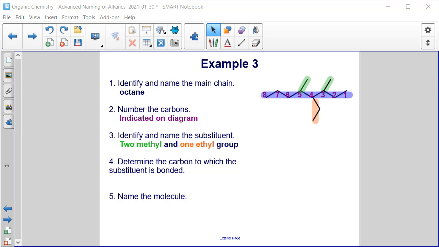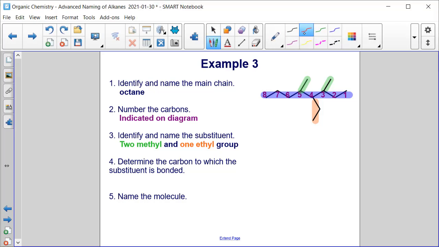So now we determine the carbon to which the substituents are bonded. So we've got carbon 3, carbon 4, and carbon 5. So the 2 methyl groups are bonded to carbons 3 and 5. And the 1 ethyl group is bonded to carbon 4.